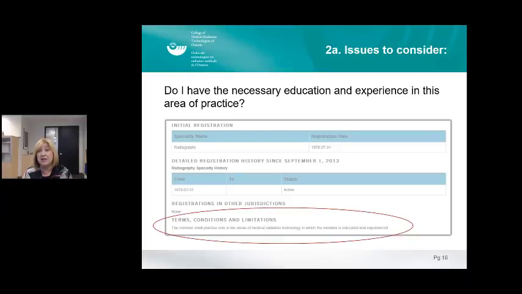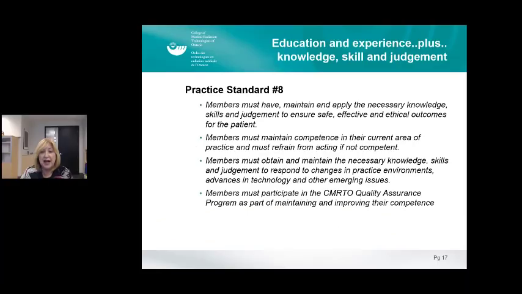They have a certificate in sonography, but in order to actually make sure that they are practicing only where they have the education and experience, we have this additional requirement. And you also have to have the knowledge, skill, and judgment.